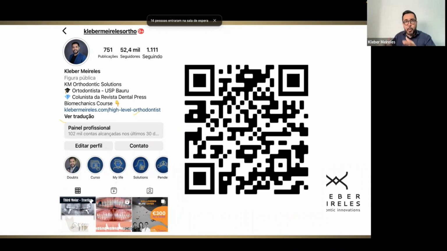I'm focusing on the face, on the diagnosis that comes from smile analysis, facial analysis, occlusal analysis also, of course, cephalometric analysis, and putting everything together to establish what the best treatment planning is for that specific case, and then applying the biomechanics for that, okay? So I believe that you can change a patient's face in the right direction, not negatively, but in a positive sense, and I'm applying these concepts, okay?